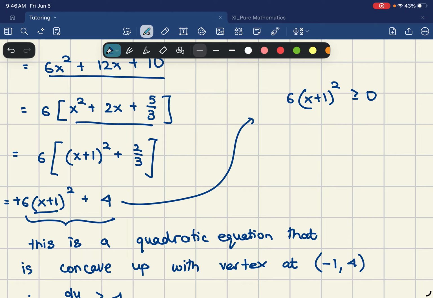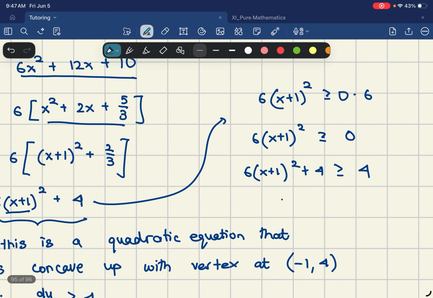So if I multiply by 6 on both sides, using our ideas about inequalities, because 6 is positive, then we get 6 times x plus 1 squared also has to be bigger than or equal to 0, because 0 times 6 is 0. And now if I add 4 on both sides, I get this inequality. And you see that this is dy by dx. dy by dx is bigger than or equal to 4.